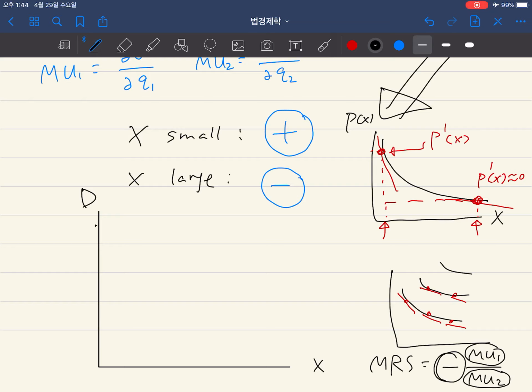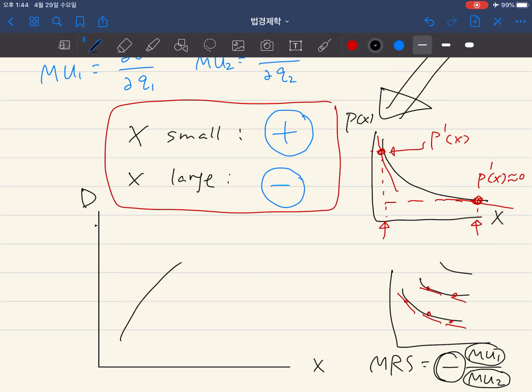But in this case, it's different. Slope is plus when x is small, but slope is minus when x is large. Then how do we draw something like an indifference curve using this information? When x is small, it is plus, so it's something like this.